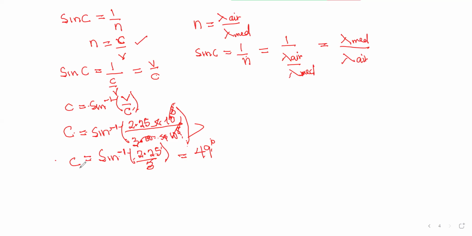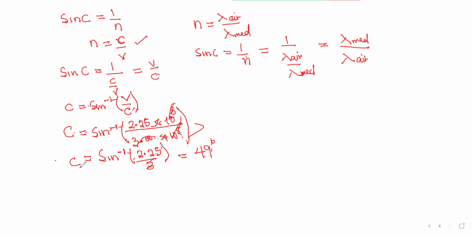Let me quickly read it to the whole class. It said an object is placed at the bottom of a basin, and water is poured on it to a height of 10 centimeters.